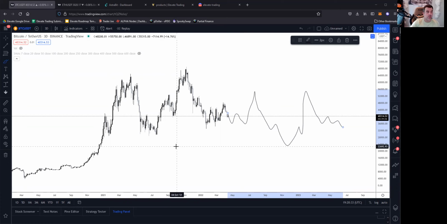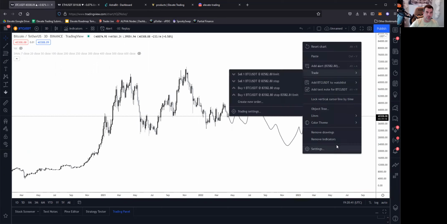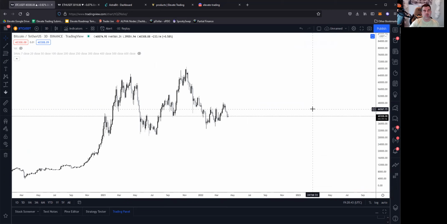So we're not necessarily going to be doing the low cap, micro cap coins, as it's difficult even for a bot to fill with the liquidity.